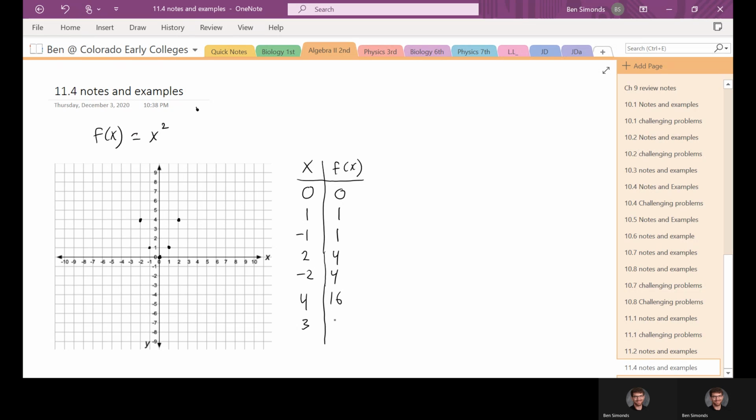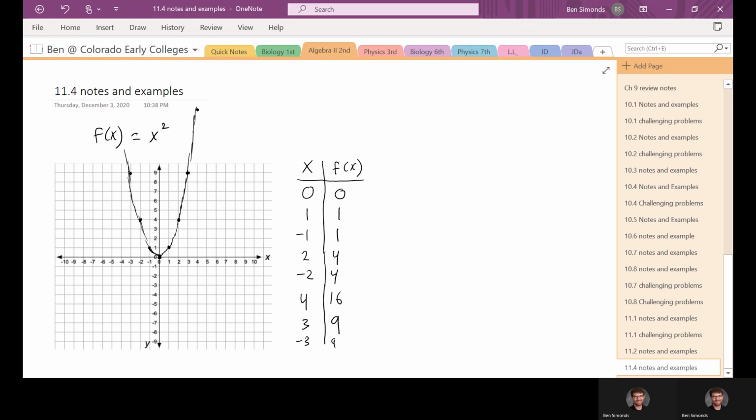And on the way, we hit 3 squared, which is 9, so we can actually plot that here. And we also know that negative 3 squared is 9 as well. So there's our basic squared shape, and if we kind of fill in the blanks here, you can see the classic parabola going up there.